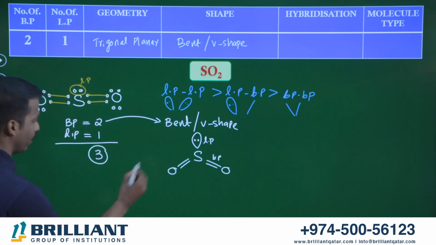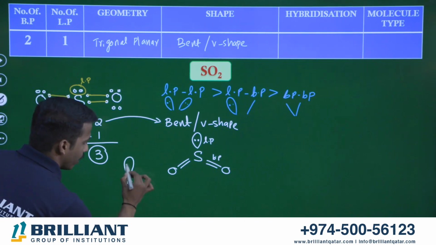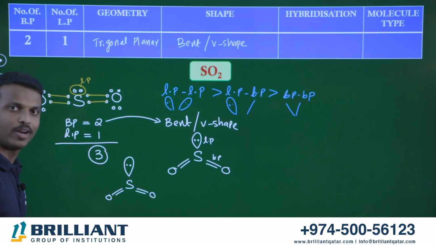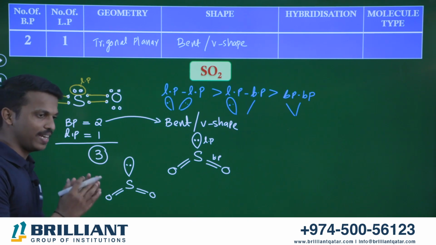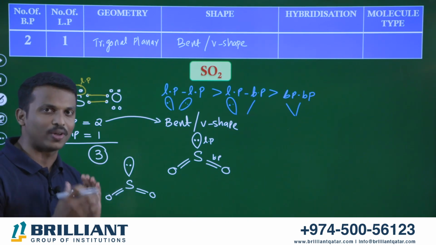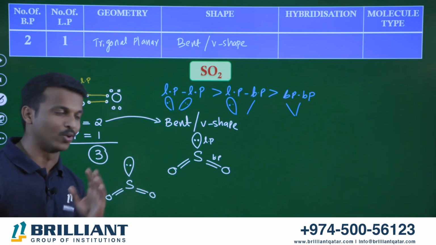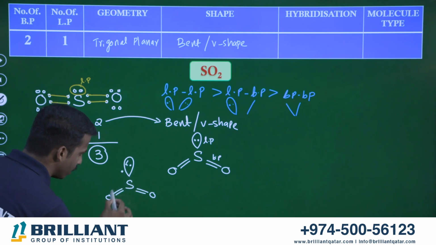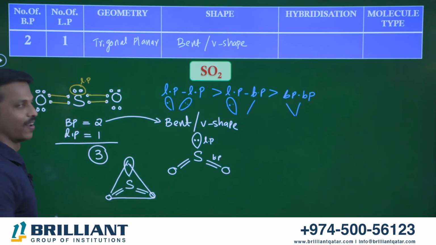Of course. Let me draw. Sulfur is there. This is one lone pair, and double bond O, double bond O. I told you, when you are assigning the geometry of a molecule, you have to consider the lone pair also. Now you see, lone pair is there, bond pair, bond pair. How are they located? It's just like a trigonal planar.